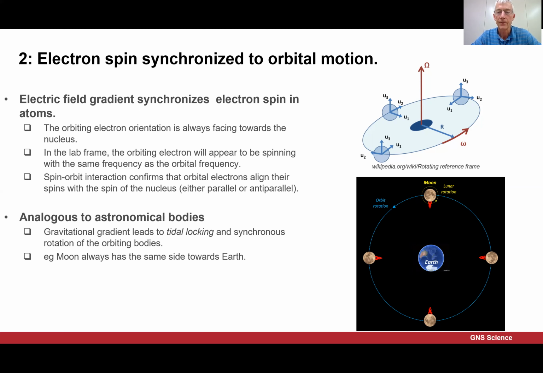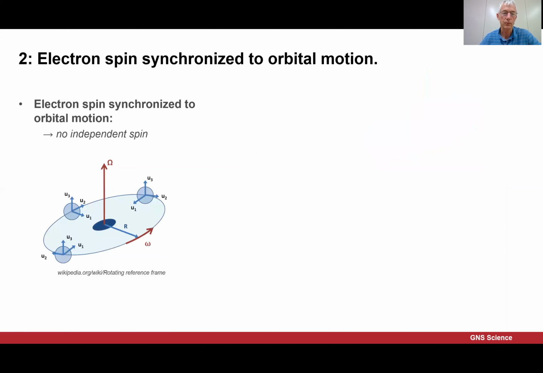And this is indeed true for satellites and moons of other planets as well, that the gravitational gradient acts to make the orbital body orientate towards the central mass.